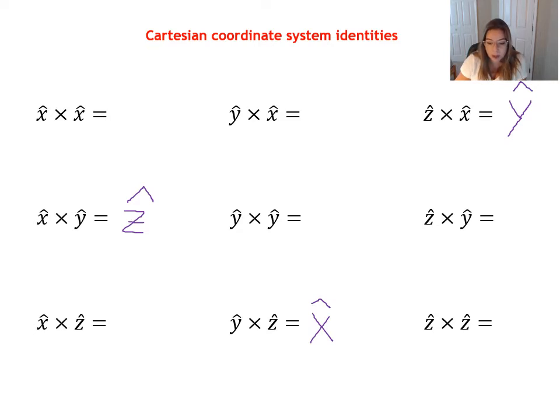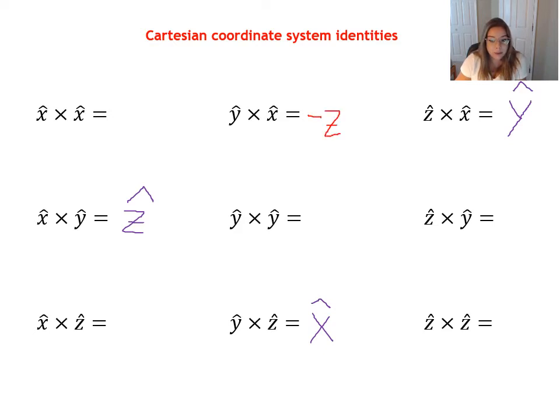And remember, a property of the cross product is that it is anti-commutative. If you invert the order of the 2 vectors in the cross product, you get a negative sign. So if I know that x crossed with y is z, that means that y crossed with x is negative z.